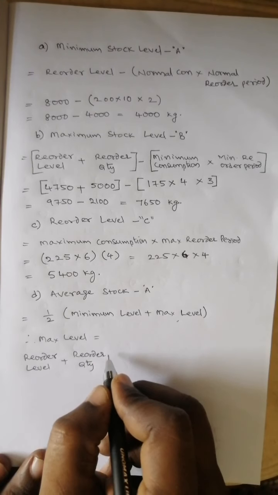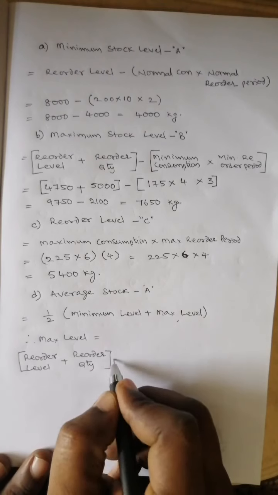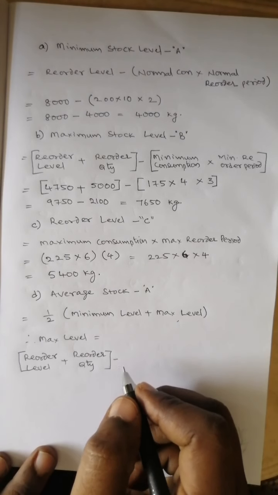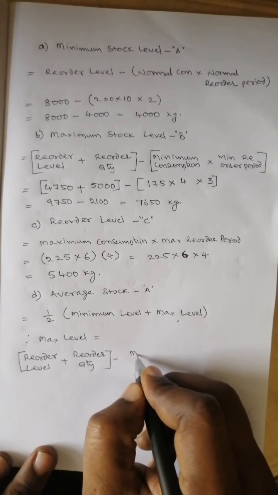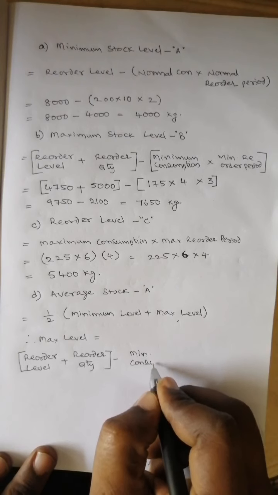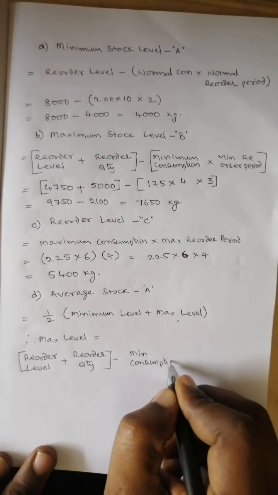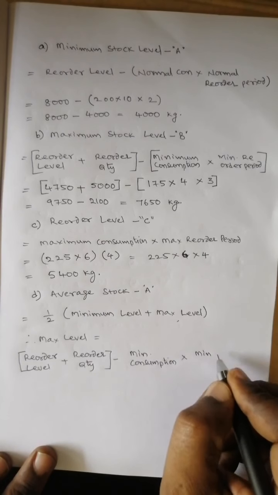Reorder level plus reorder quantity. Add these two minus minimum consumption into minimum reorder period. Minimum consumption into minimum reorder period.